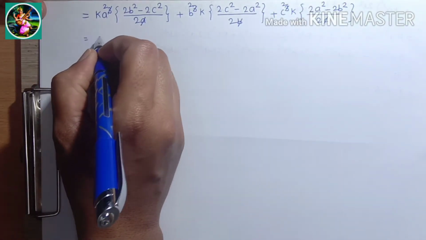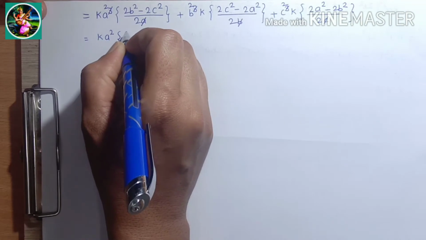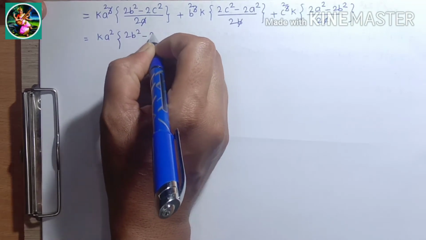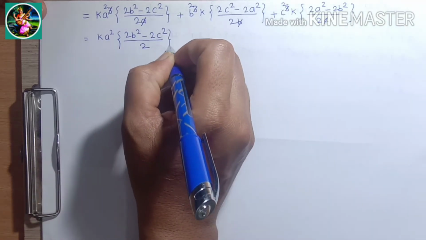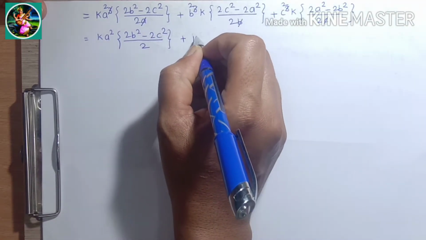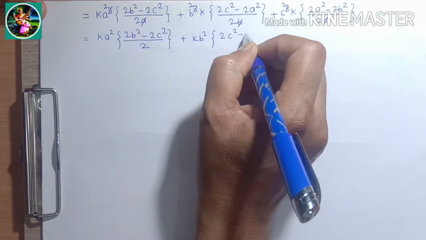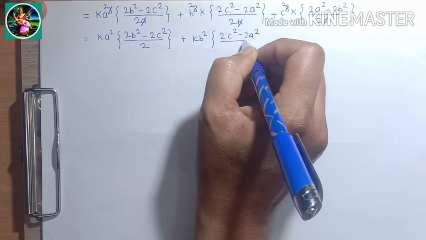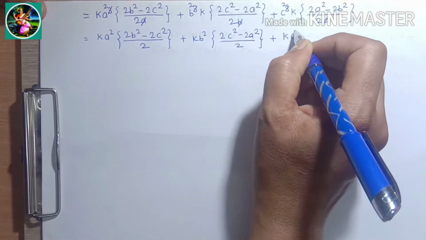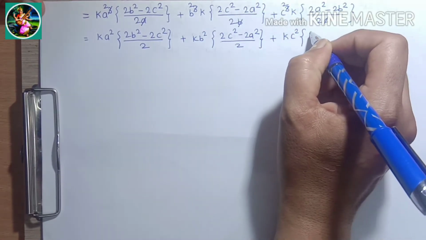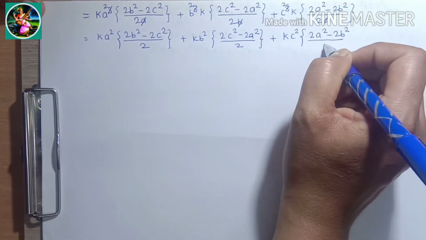Therefore here we get ka square into bracket 2b square minus 2c square divided by 2, plus kb square into bracket 2c square minus 2a square divided by 2, plus kc square into bracket 2a square minus 2b square divided by 2.